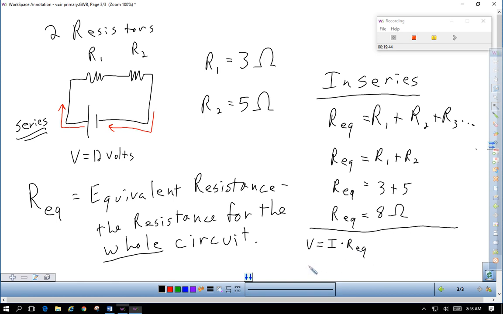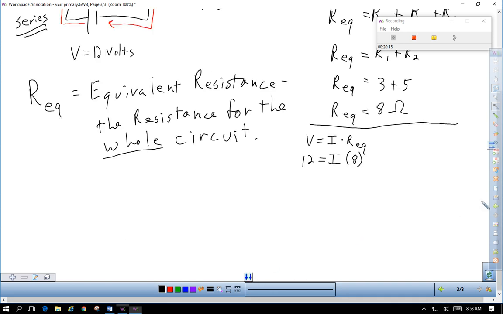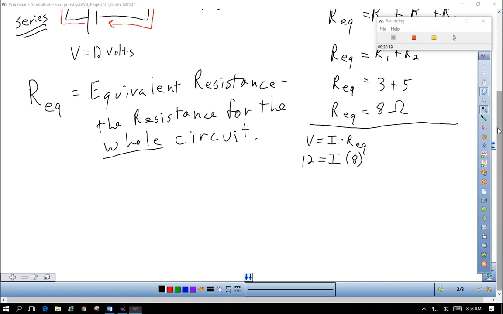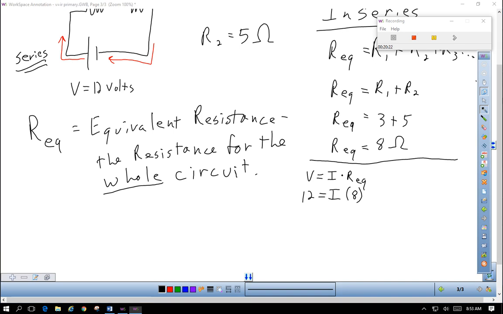All right, so let's see. We said, and let's go ahead and do that. We said that our voltage was 12. And we're interested in what our current is for the whole circuit, so we're going to leave that as I. And we're going to put in Req as 8. I'm going to click down just a little bit and give us a little bit of extra writing space.